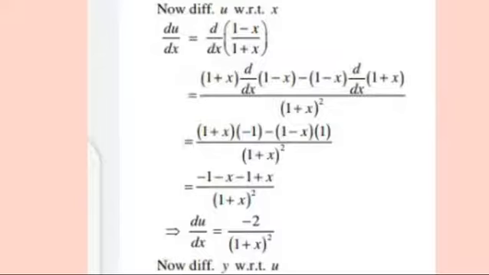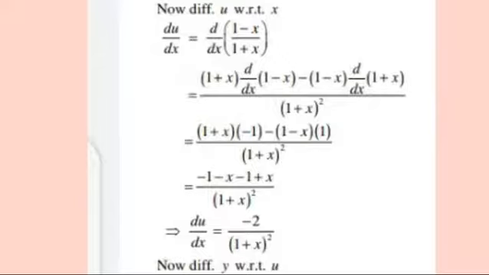Okay, after that, simple calculation: 1 plus x as it is, and the derivative of 1 minus x is derivative of 1 which is 0 minus derivative of x with respect to itself, minus 1, minus sign as it is, (1 minus x) and the derivative of x with respect to itself is 1, and all these terms are in the whole denominator, there is (1 plus x) whole square as it is.